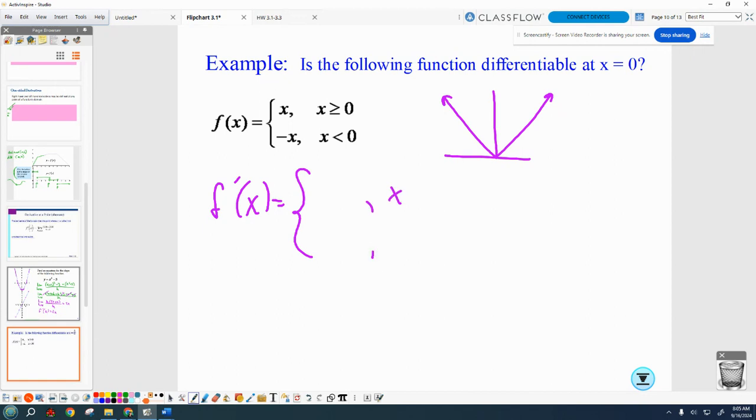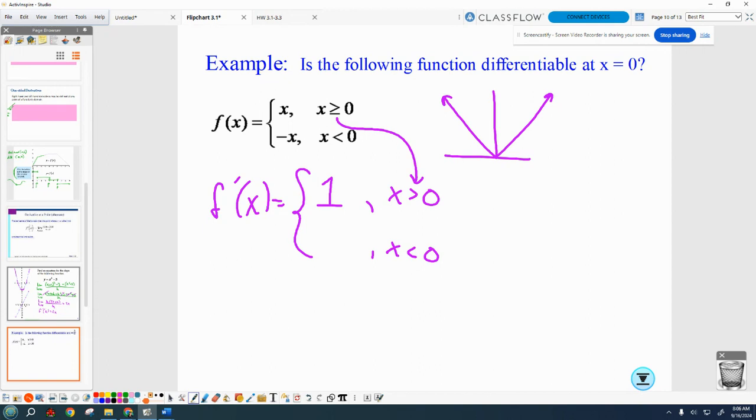And whether you know derivative rules or not, what is the slope of y equals x? 1, because we know straight lines from algebra 1, the m, the slope attached to the letter, it's 1. Franco, on the other side, y equals negative x, what's the slope of that straight line?